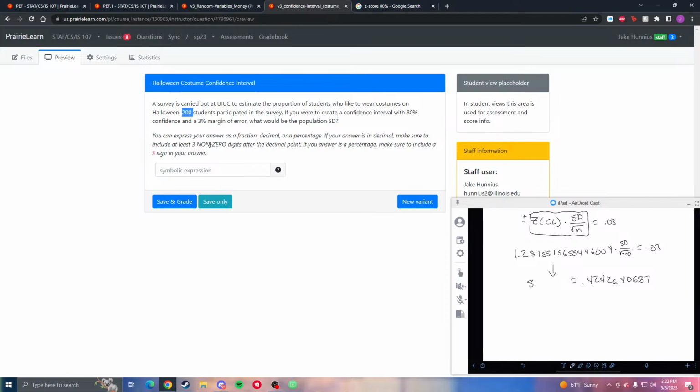We're solving for standard deviation, so it's going to be this over 1.28155165544. And we get our standard deviation is 0.331.